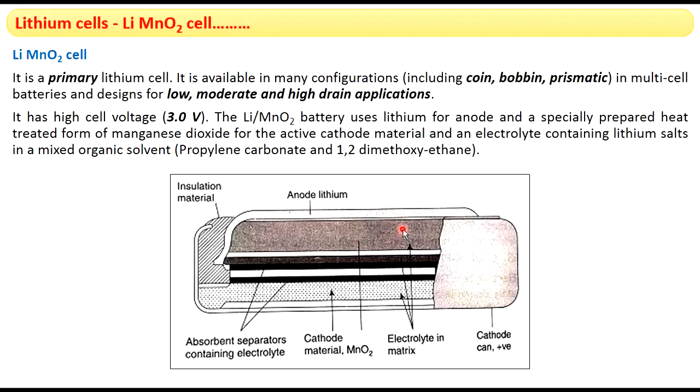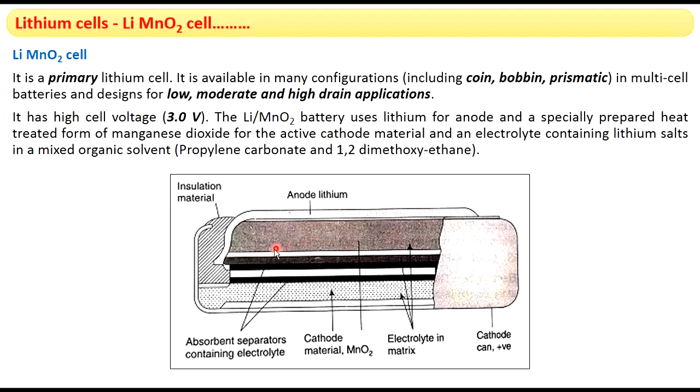And the electrolyte is a mixed organic solvent and lithium salts mixture. Like propylene carbonate and 1,2-dimethoxyethane, these two organic solvents are mixed, and then the mixture is again mixed with the lithium salts. This combination is used as the electrolyte in the lithium MnO2 cell.